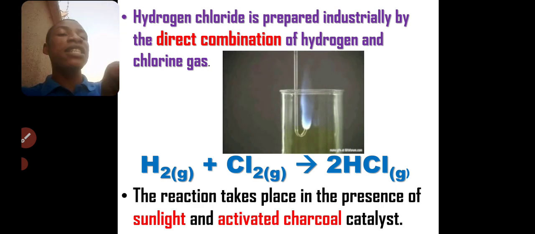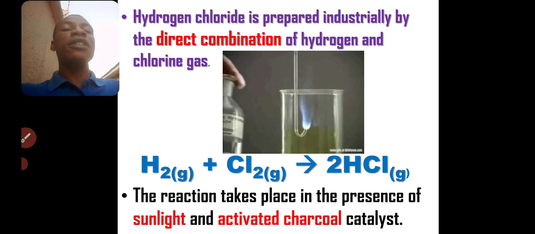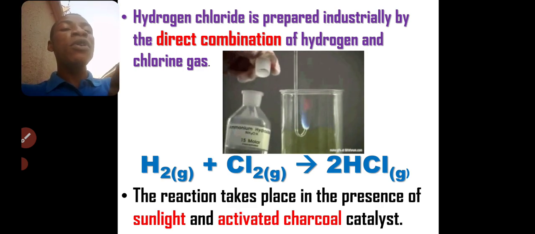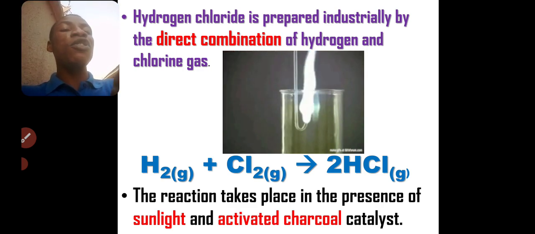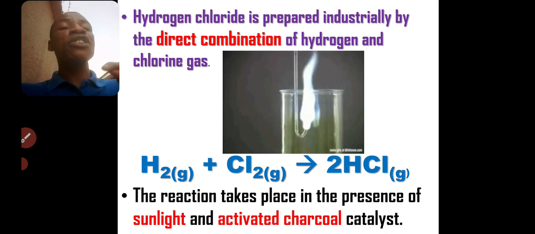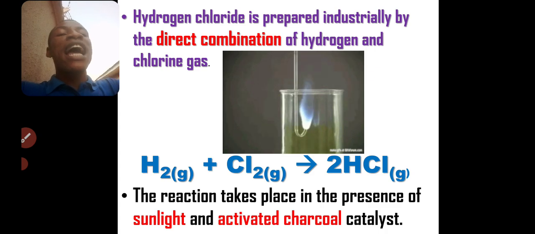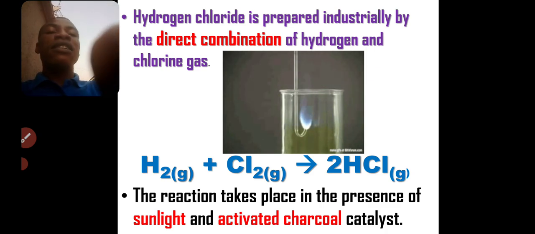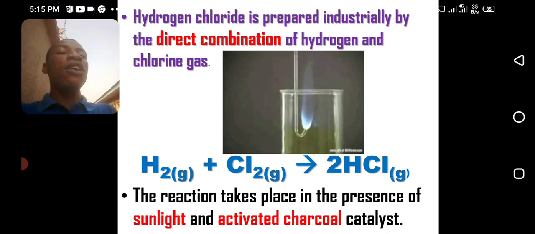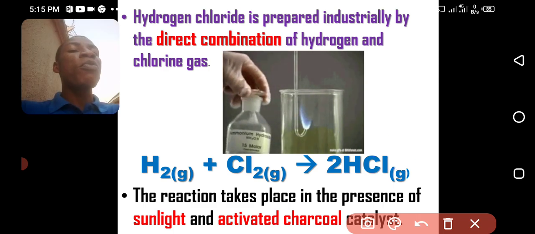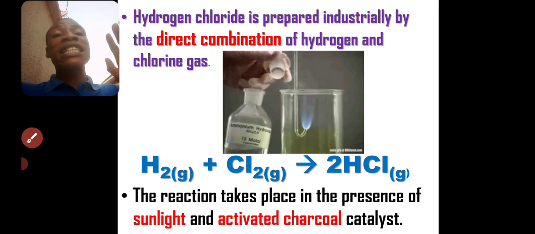As you can see on the screen, that's ammonia, and now the vapor is giving you white films. That's the test for hydrogen chloride gas, showing that hydrogen is burning inside chlorine gas to give us HCl gas. So that's how you prepare it industrially on a large scale.